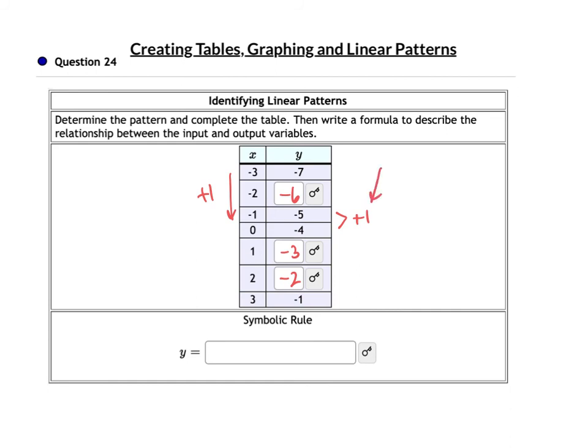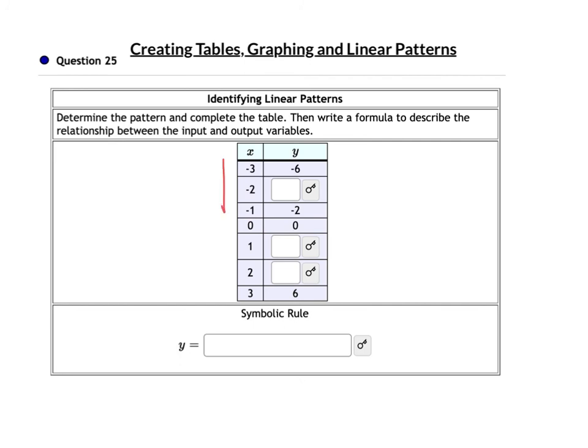This is the number that goes in front of the x. So it's y equals 1x. And we're looking at the 0 value. When I plug in 0, I have to get a y of negative 4. That means it's a minus 4. So y equals x minus 4 is our answer.